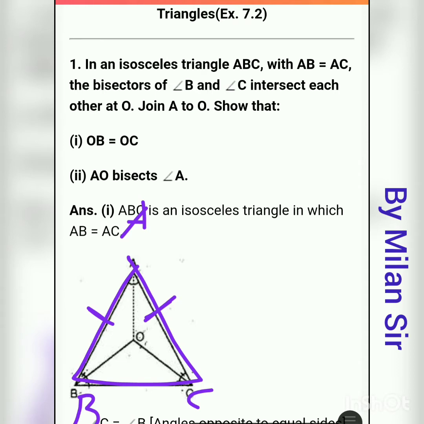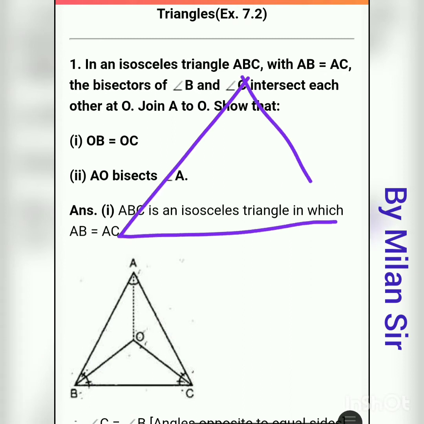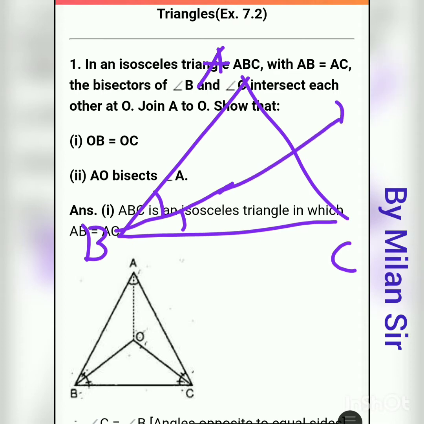Now the bisector of angle B. Bisector means a line that makes two equal parts of an angle. That means angle B is divided into two equal parts. So this is the bisector of angle B.